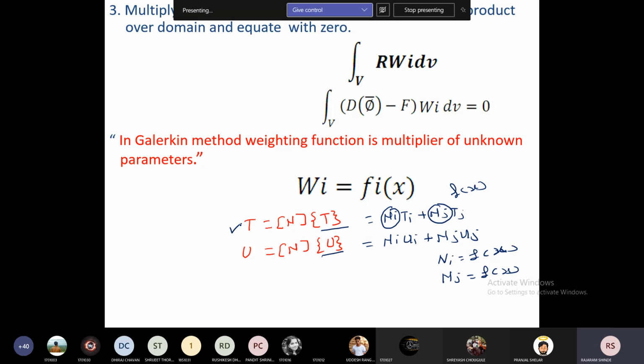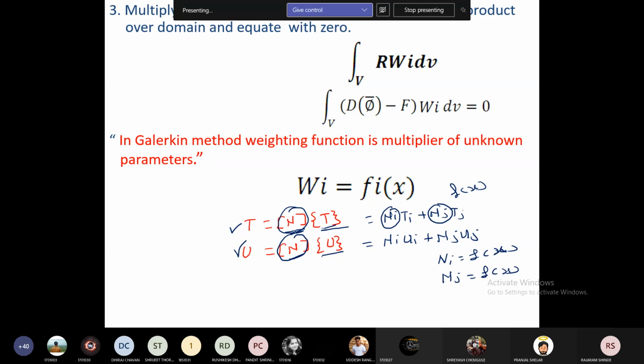That is the second step in the finite element method. We are assuming the polynomial, the interpolation polynomial, the interpolation model. That is your trial solution. And out of this trial solution, this is the multiplier of these unknown parameters. This multiplier is a function of x, and this multiplier is taken as a weighting function in the Galerkin method.